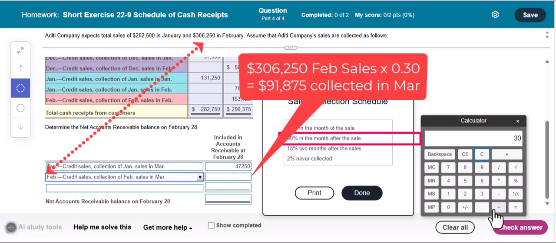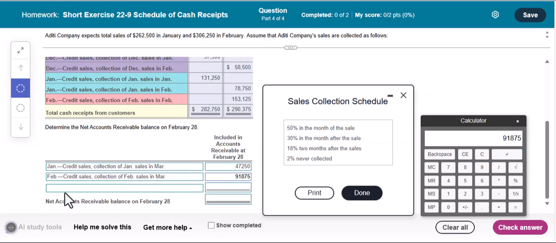So that's going to give us 306,250 multiplied by 30%. And that is going to give us 91,875 included in the AR at February 28th there for the February credit sales.